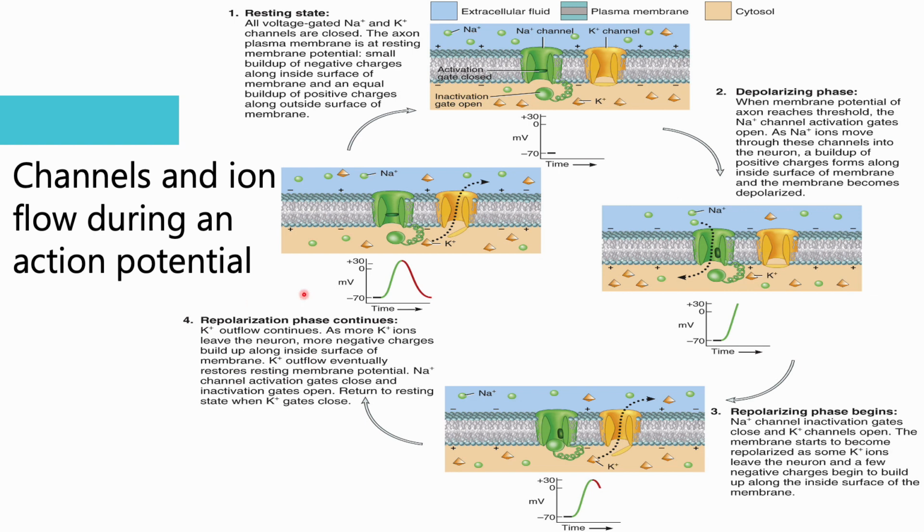So moving on to number 4, repolarization. As it continues, more potassium ions leave the neuron. You start to go down even more. It continues to become negative. The negative charges start to build up along the inside surface of this membrane.